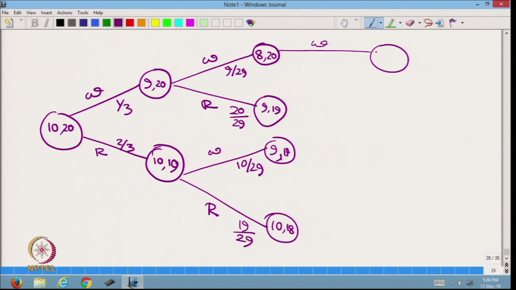Then what we are going to get is 7, 20, and that probability is 8/28.